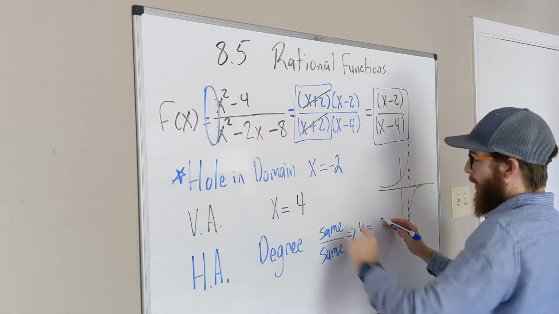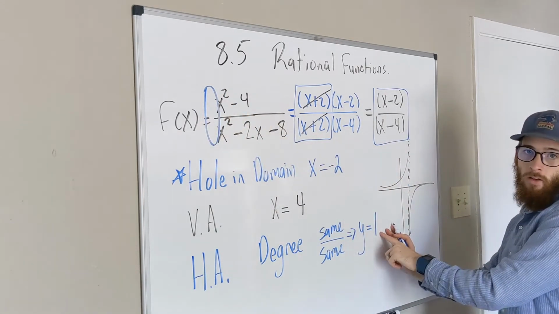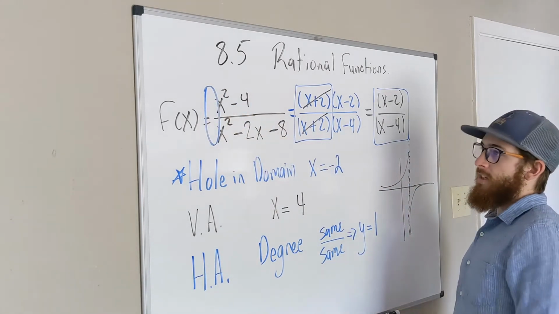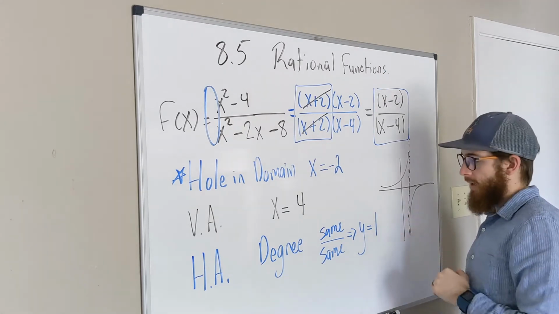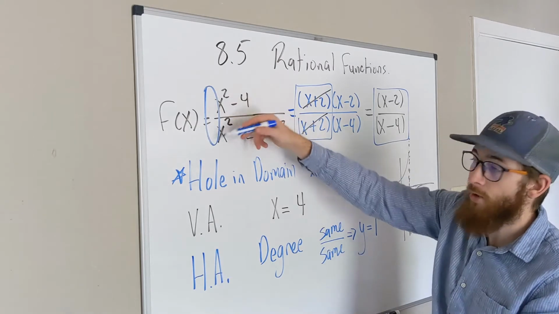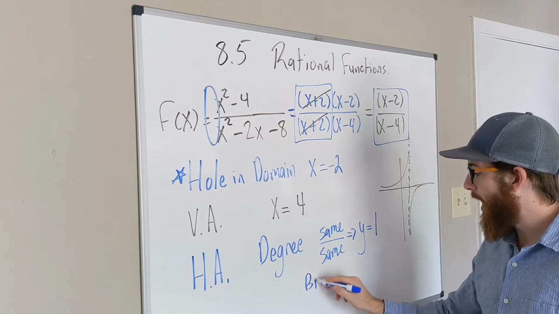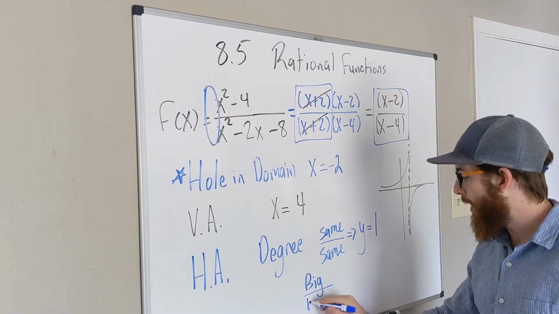So in this case, it would be y equals 1, because 1 over 1 is 1. We'll do another example in a second where the coefficient is not 1. That's one option: if the top and the bottom are the same degree, it's the ratio of the leading numbers. What if the top is a bigger degree than the bottom?